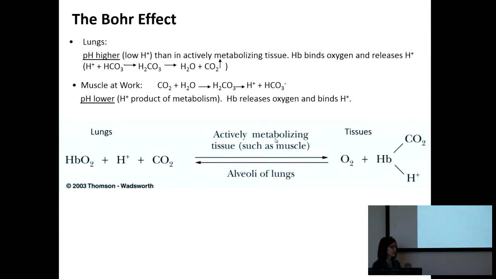I need to know that you understand that at higher pHs, as in the lungs, it is easier to bind oxygen to hemoglobin. So in the lungs, hemoglobin will bind oxygen and release our proton, as well as carbon dioxide. And we breathe it out. Breathe out our carbon dioxide.